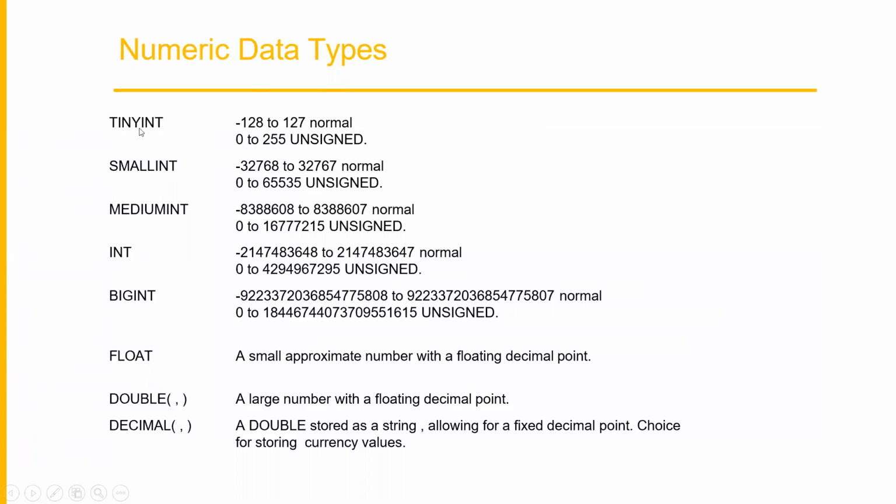If the data range is a bit larger, like around some thousands, a 5-digit number, then you can go ahead with small int.